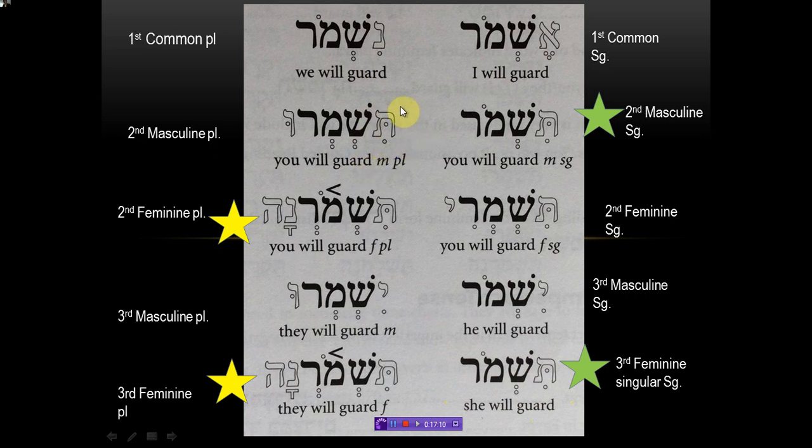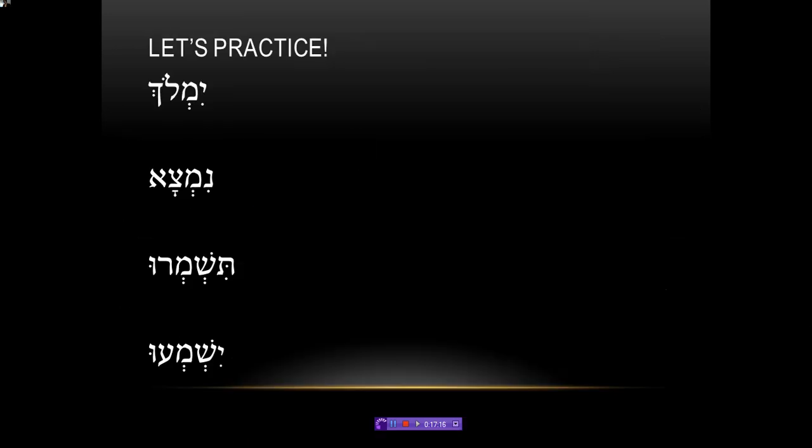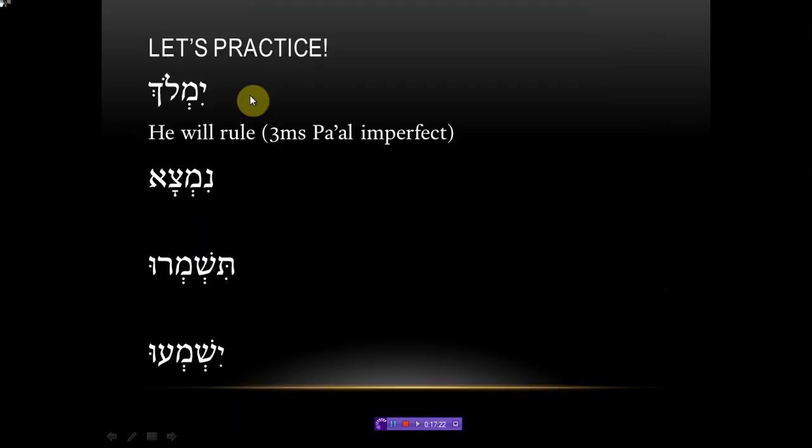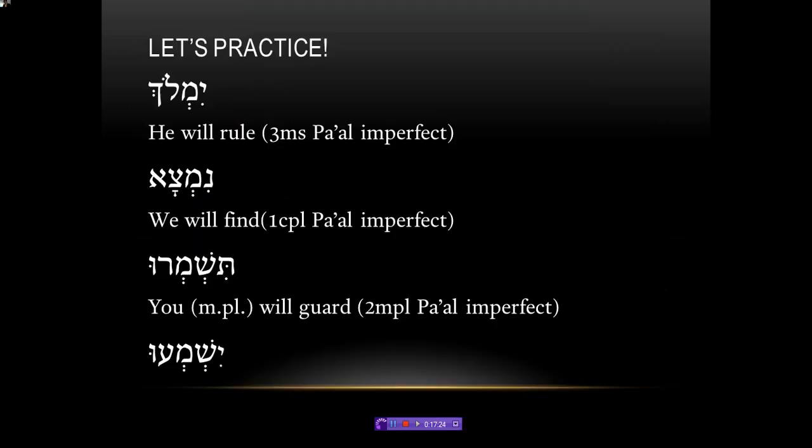This one begins with the tav, it ends with the shurek, and that's exactly the form we're looking for. So second masculine plural, pa'al imperfect. You, masculine plural, will guard, second masculine plural, pa'al imperfect. Again, the markers, the signal letters are the tav and the shurek at the end.